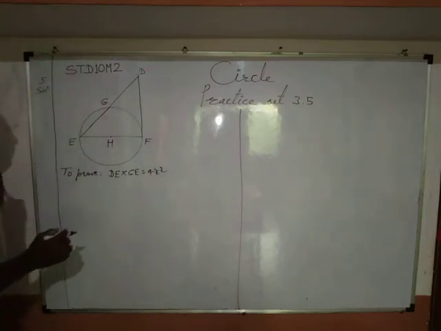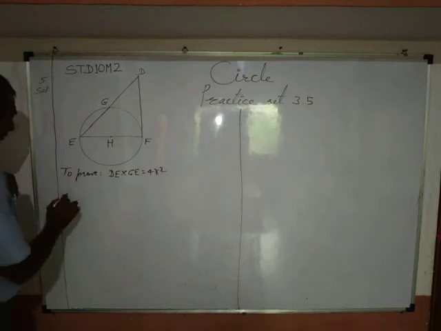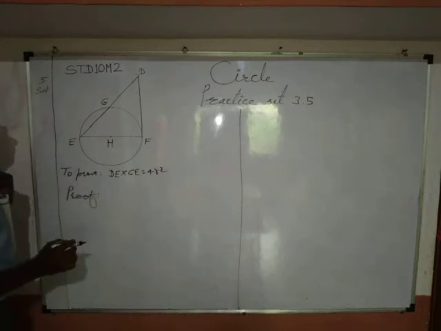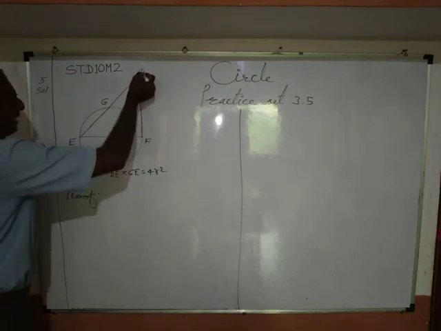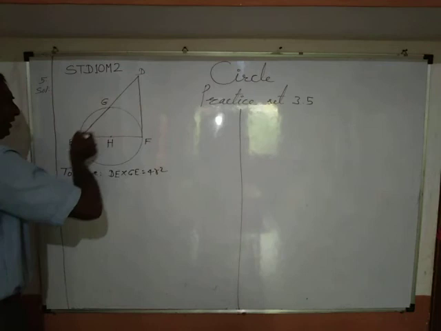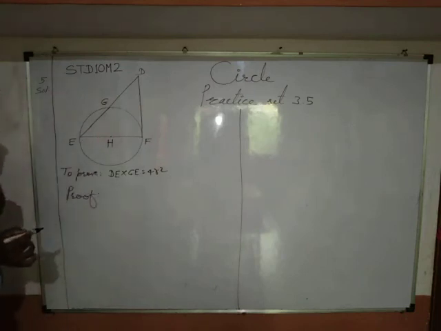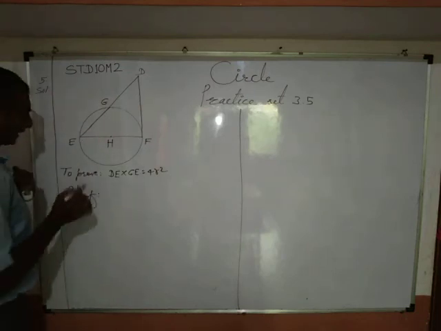Now let's write the proof. From the figure, line DF is a tangent and line DGE is a secant.